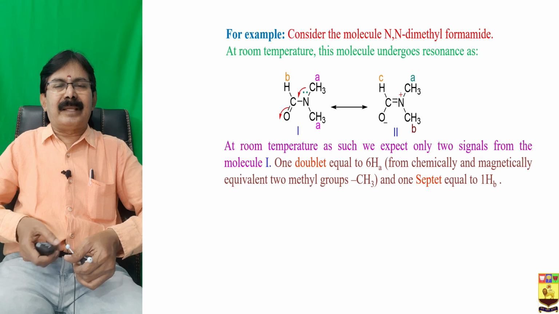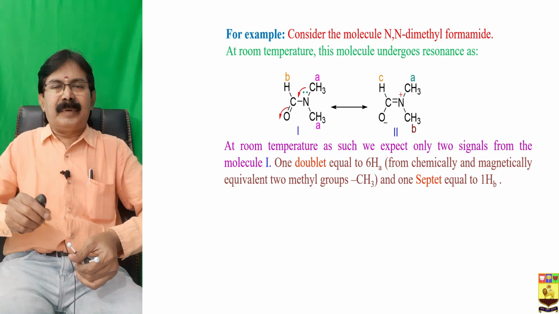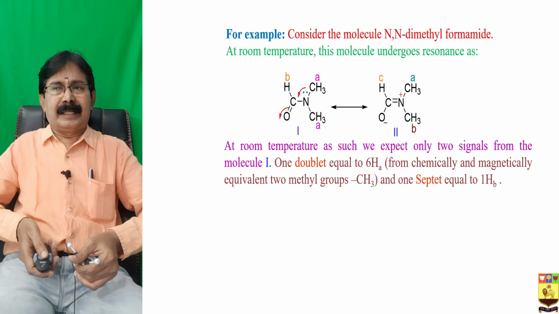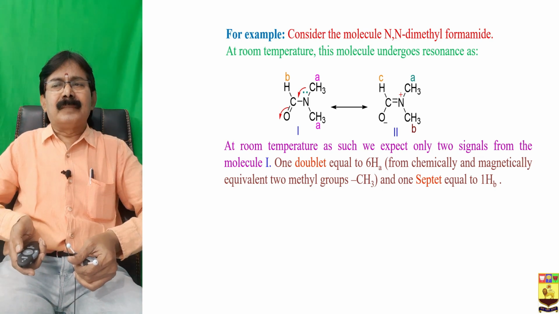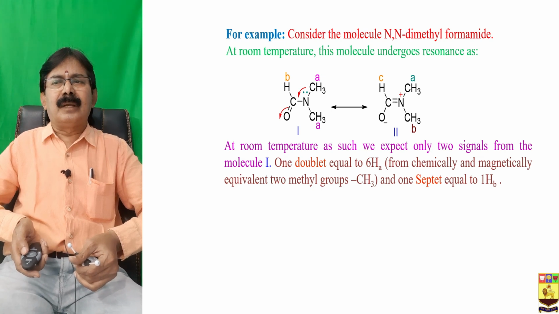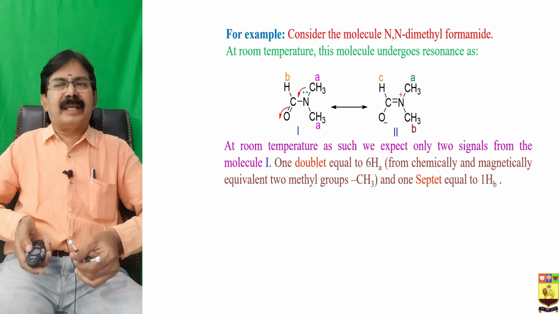So I have structure 1, which has single bond character, and because of resonance, structure 2 is formed, which has double bond character. If you take structure 1 at room temperature, as we expect, only 2 signals would come from the molecule. One is a doublet equal to 6 hydrogens, because of the 6 hydrogens of 2 methyl groups.